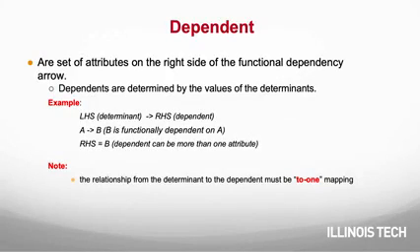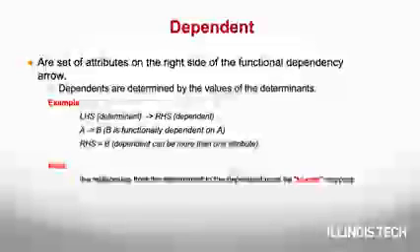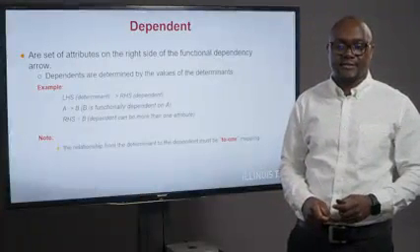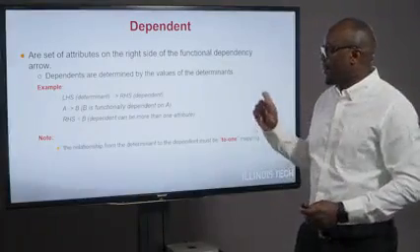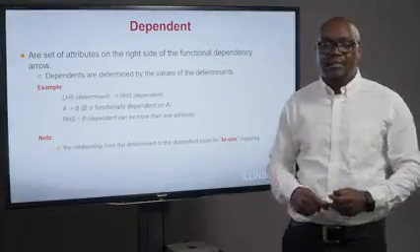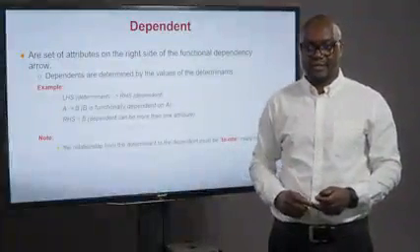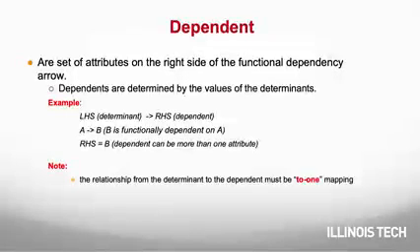Dependent: sets of attributes that appear on the right-hand side of the functional dependency arrow. We already know the arrow. Let's look at the right-hand side this time around. We know that dependents are determined by values of the determinant, so when you look at the right-hand side, we clearly label them as dependents.